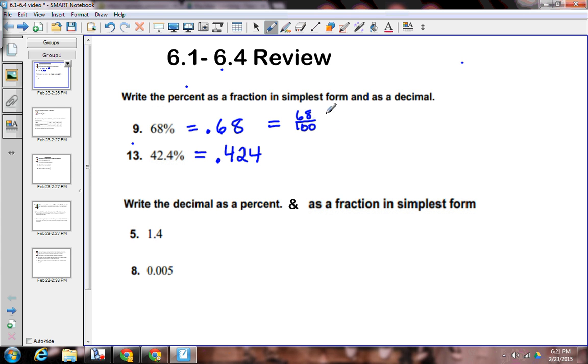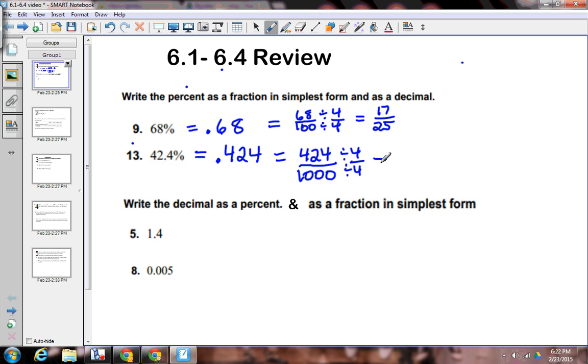Let's simplify that by dividing top and bottom by 4. So 4 over 4 is just a fancy form of 1, and we end up with 17 25ths. And for our second decimal, we have 424 1,000ths. Again, we're going to divide by 4 over 4.